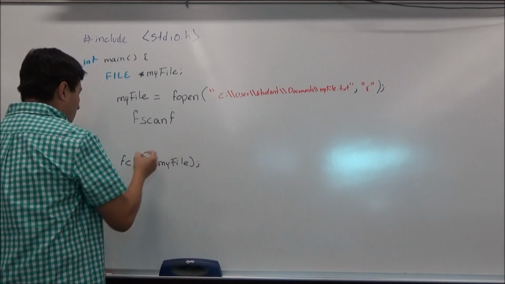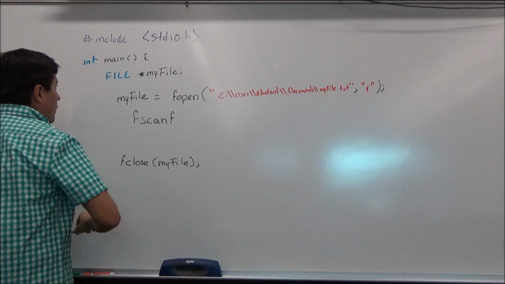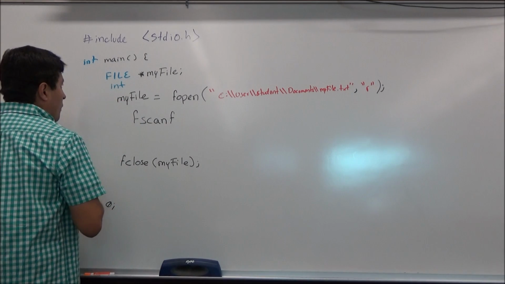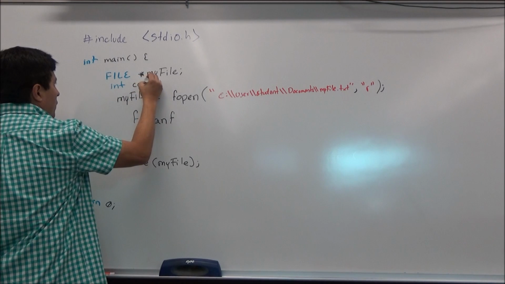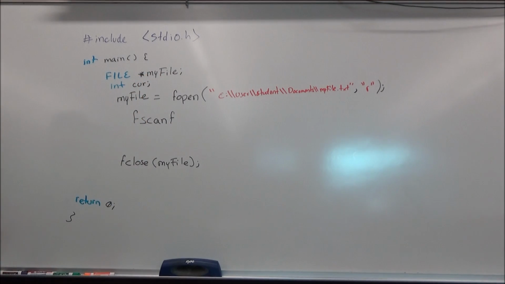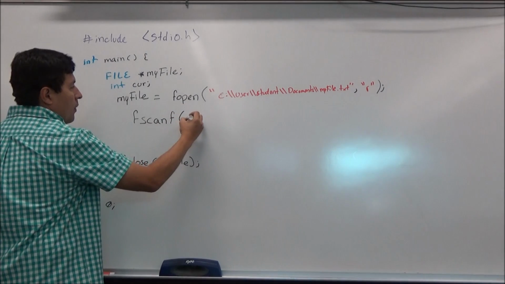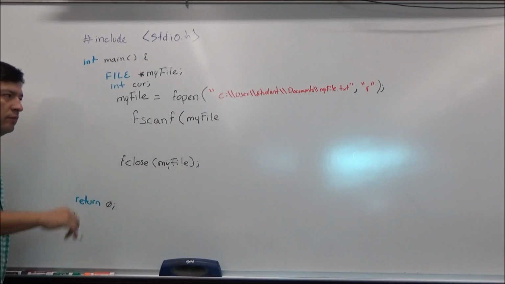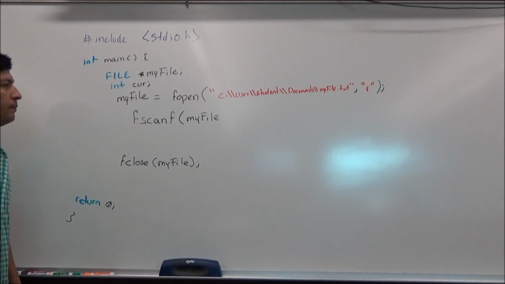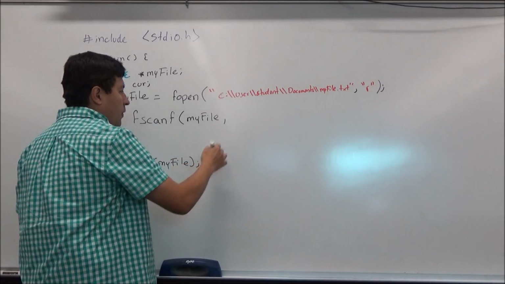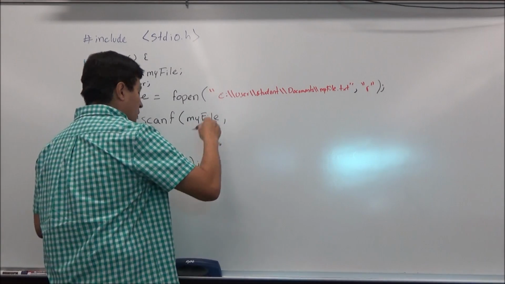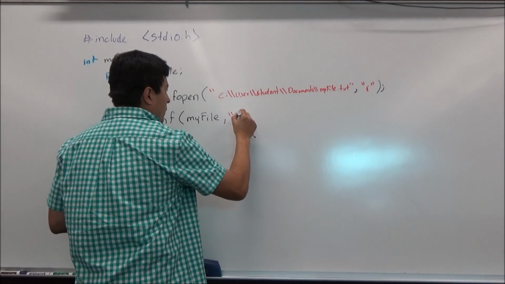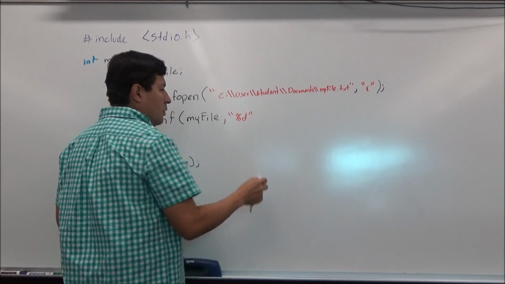So let's say I wanna read a number. Let's see, I have an int current. And I can say, I'm gonna read from my file because the function doesn't know where you're reading from first. And then what type are you gonna read? So, just like the scanf, we say, oh, I wanna read a digit.